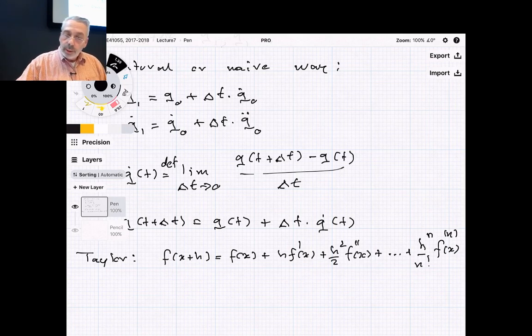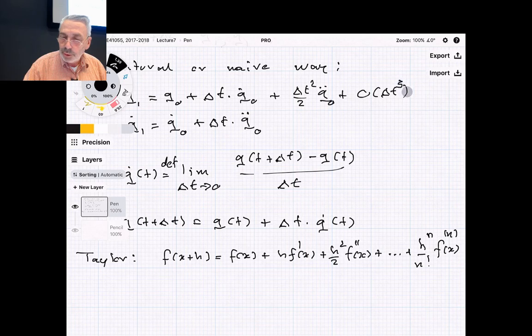Now, looking at this equation, apparently we did a cutoff here. Any higher order term, so this should read actually plus delta t squared divided by 2 times q double dot plus order delta t to the power 3, right? And actually, we could have done this because we do have the acceleration.